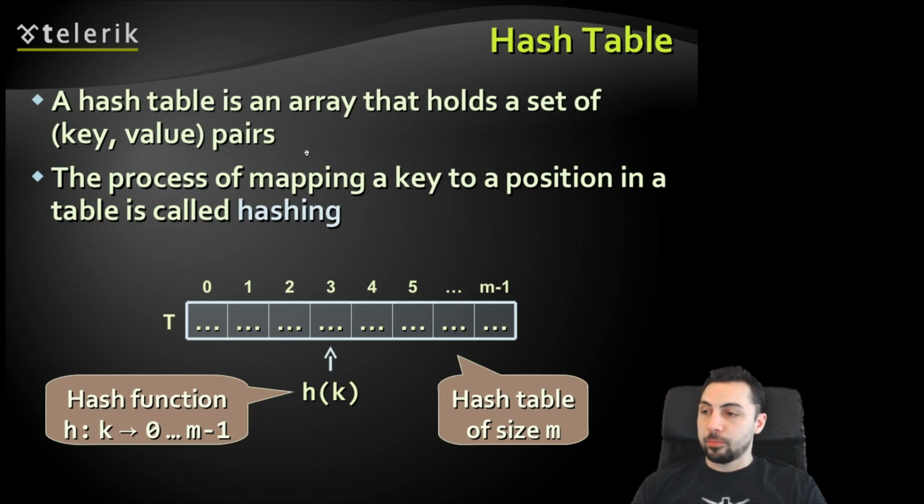But if we had a perfect hashing function, every word or every key would map to a different hash number. And that's what this is saying here. The hash function of k, your key, maps to something between 0 and m-1, where m is the size of your array, the size of your storage.